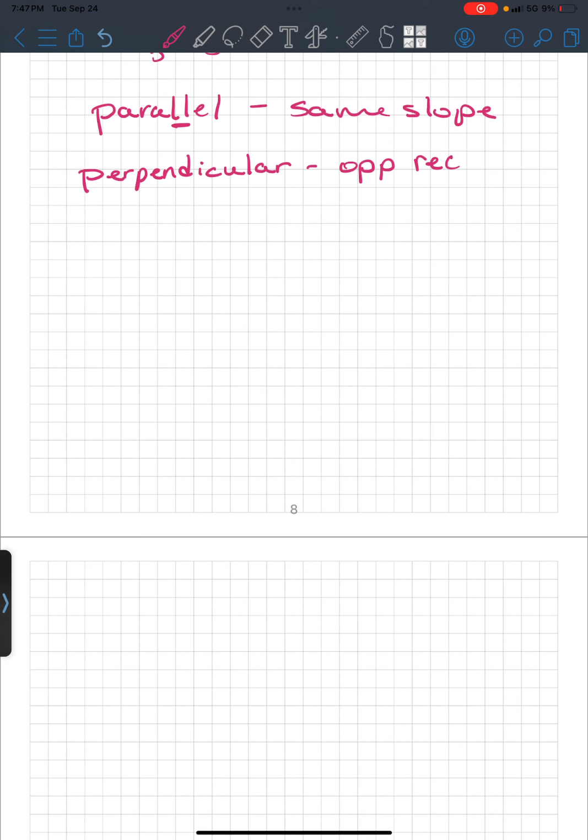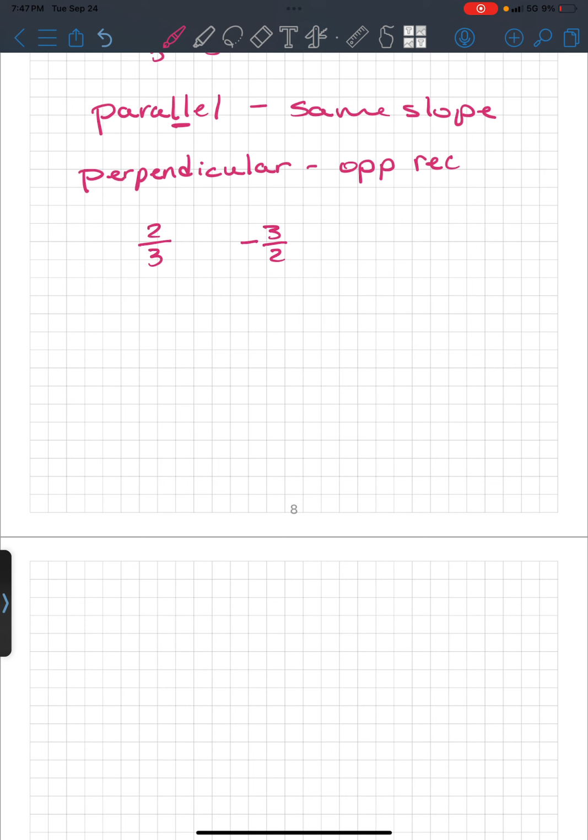So if, say, a line has the slope of 2/3, if there's a line parallel to that, it will still have the slope of 2/3. If it was perpendicular to that, it would have the slope -3/2.